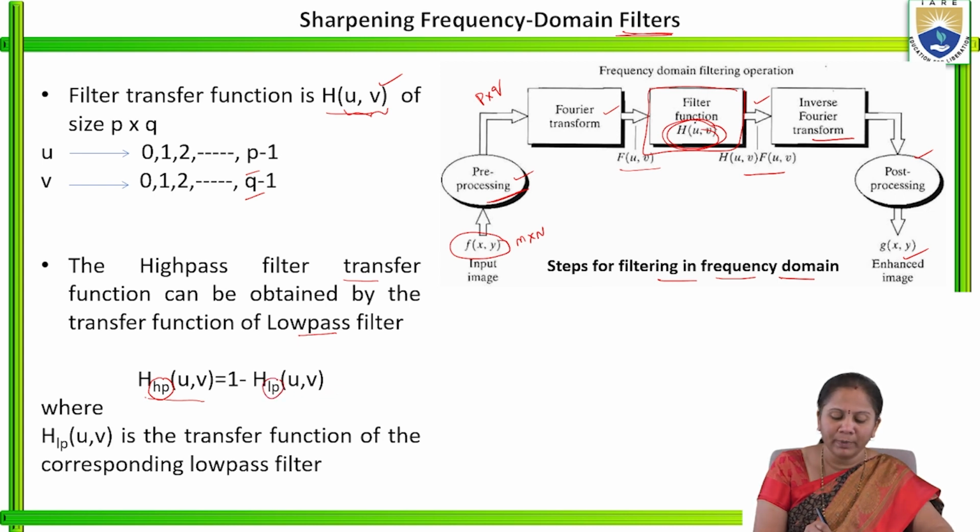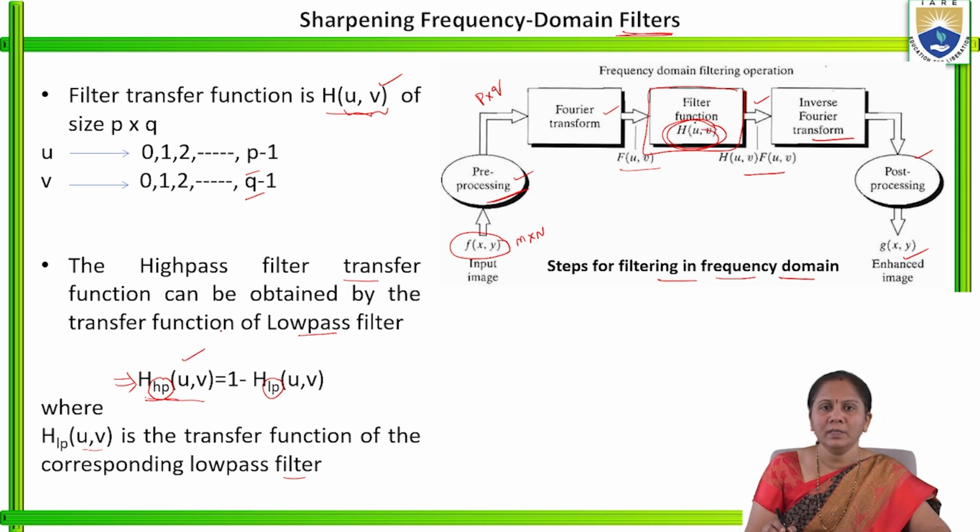So what does LP mean? Low pass filter. So the transfer function of the high pass filter is equal to 1 minus the transfer function of the low pass filter. So we have written the transfer function of the high pass filter in terms of the low pass filter. Here H LP of u comma v is the transfer function of the corresponding low pass filter, and HP of u comma v is the transfer function of the selected high pass filter.